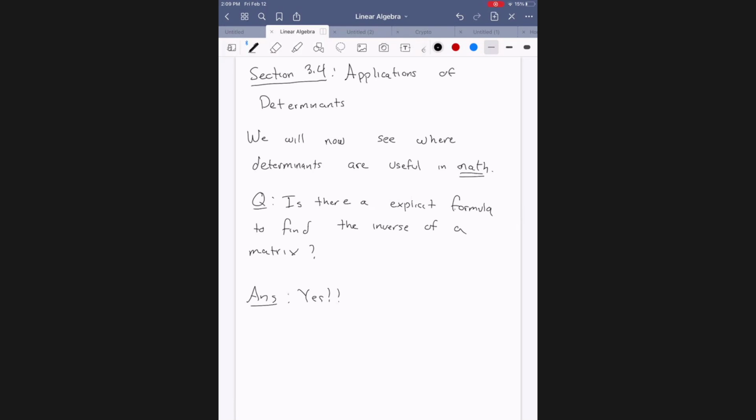And how can we do this? Well, first let's define something new here. We're going to define something called the adjoint of a matrix, which again is a very standard thing to know.